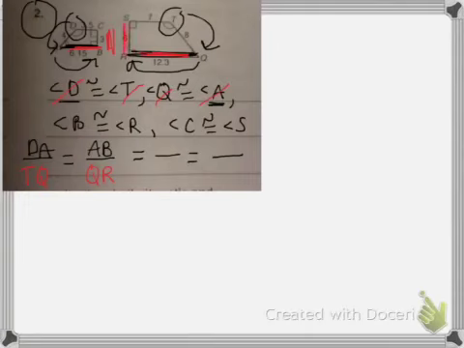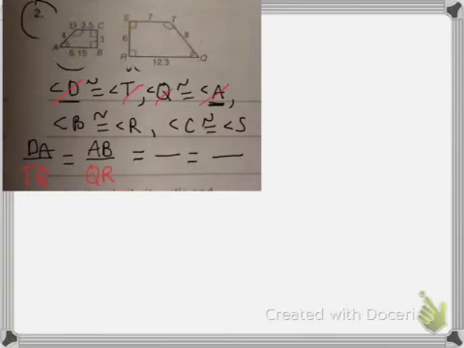So notice that my smaller triangle, or smaller quadrilateral, is the one in the top. Looks like a trapezoid. And I got a lot of markings on here, so I'm going to delete them so you can see the numbers again.